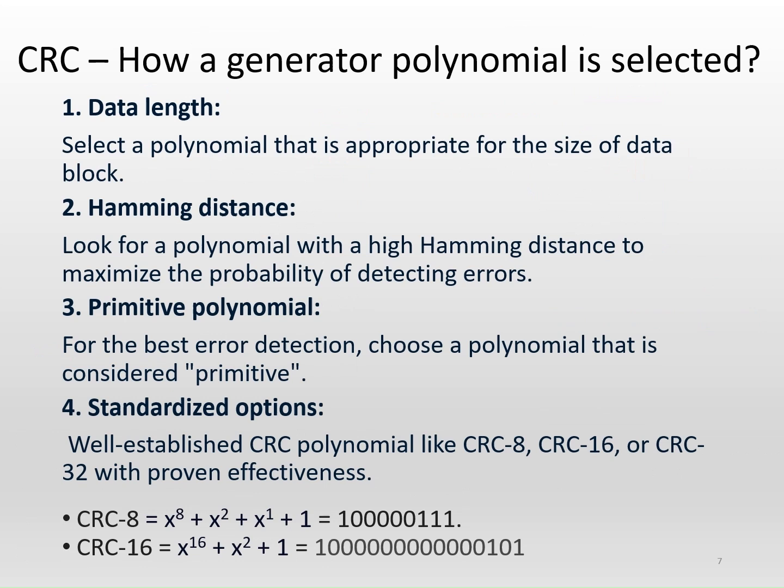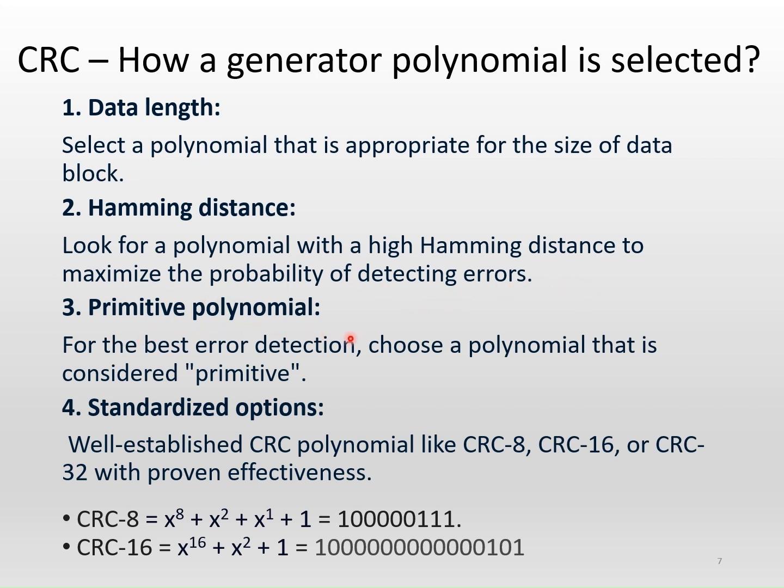Now the question is how to select the divisor or the key or the generator polynomial. That depends on the data length. Data length will determine how big the polynomial will be, or it also depends on the Hamming distance. Look for a polynomial with a high Hamming distance to maximize the probability of detecting errors.